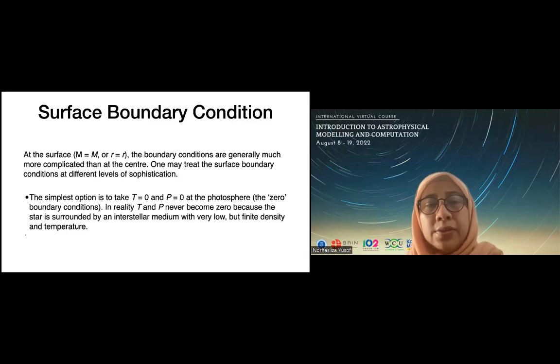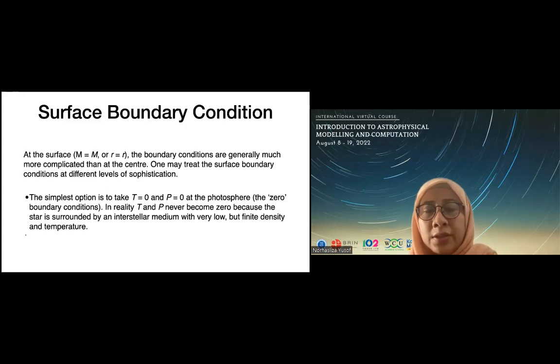All right, so now we move on to the surface boundary condition. At the surface, the mass is M, the value that we set, and the radius is R, where the radius will change with time.